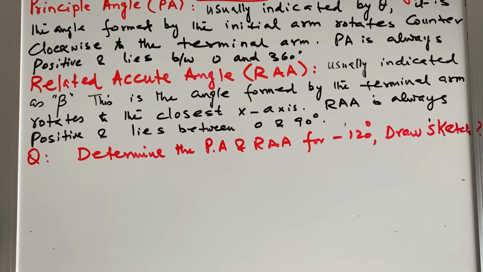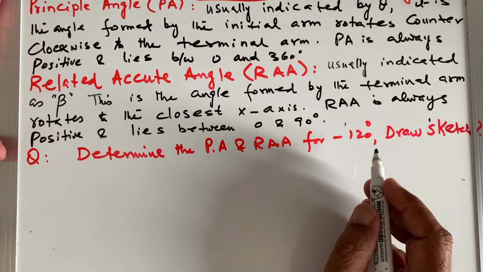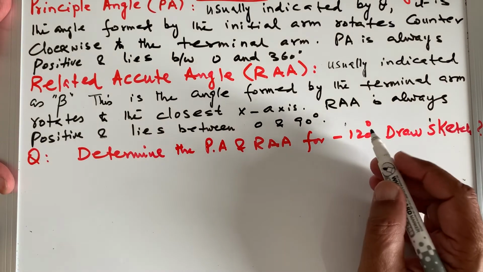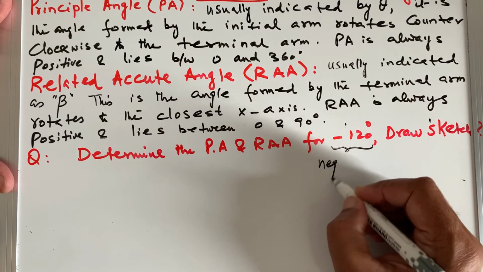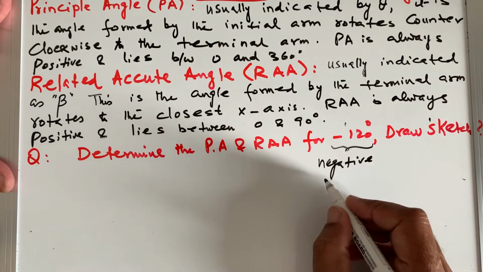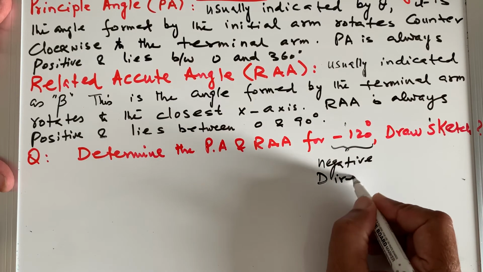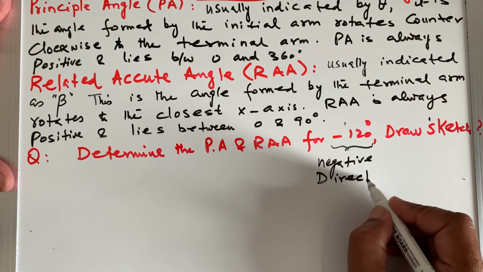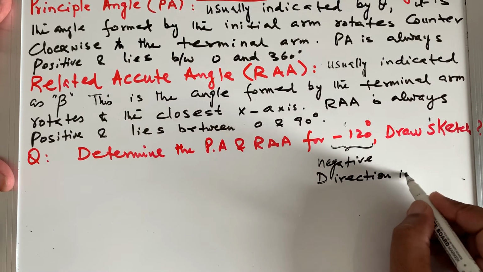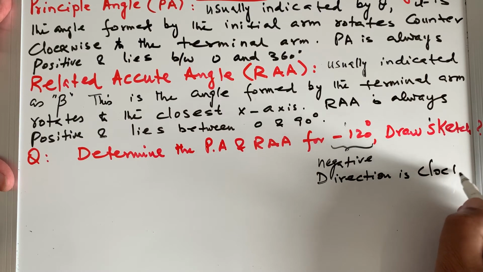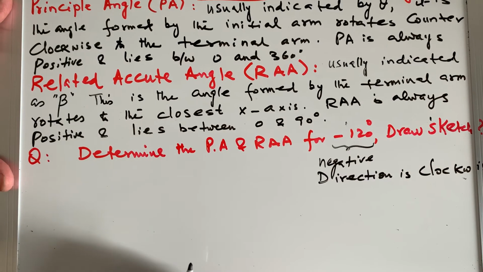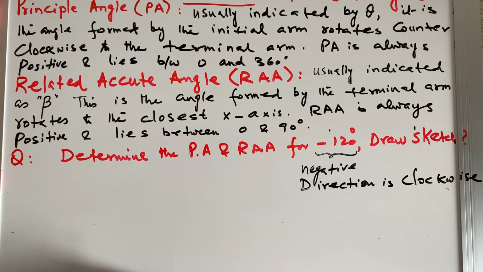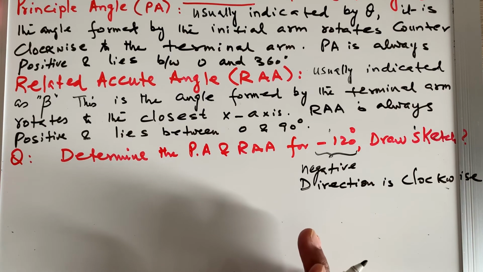What we learned in the previous lecture and this lecture is that the negative sign says my direction will be clockwise. So I must write here: direction is clockwise. Negative sign indicates that. We did it in lecture 1.